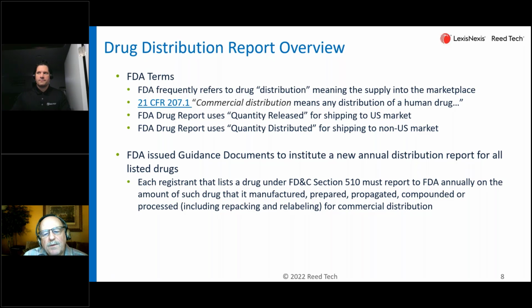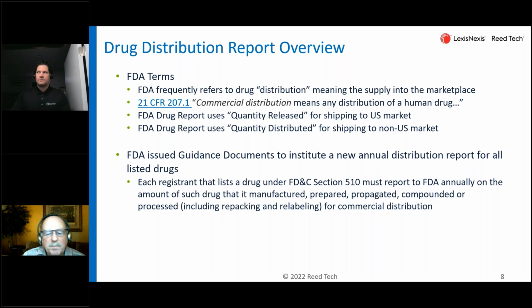Be aware that there's this field referred to as quantity released. That is intended to refer to those products that were released in the U.S. market. And then there is also in parallel this quantity distributed. The FDA now assigns that particular field for products that are shipped to non-U.S. markets, so export products and so on.